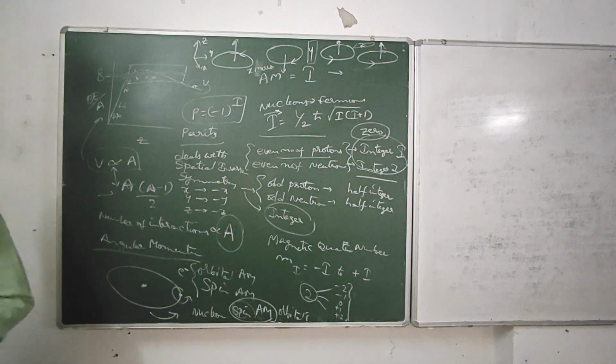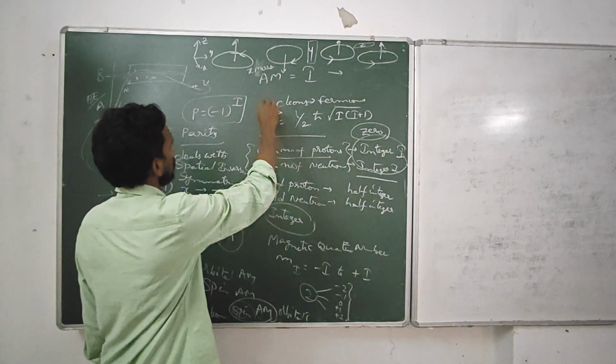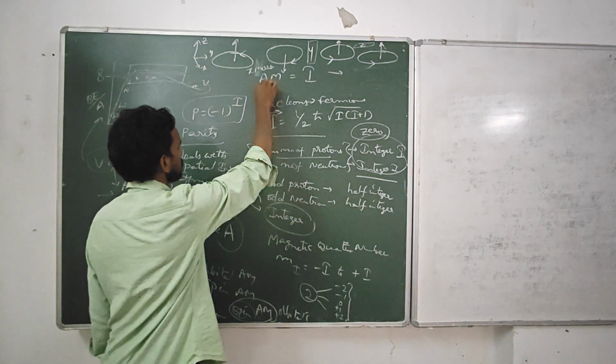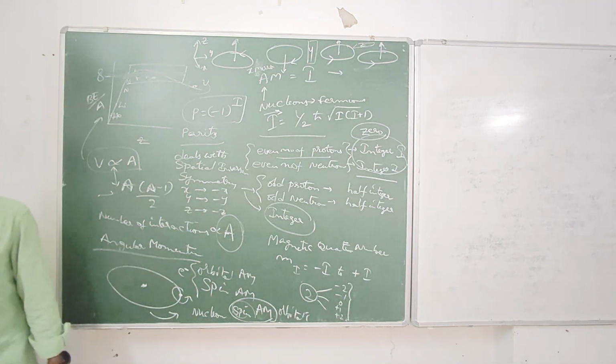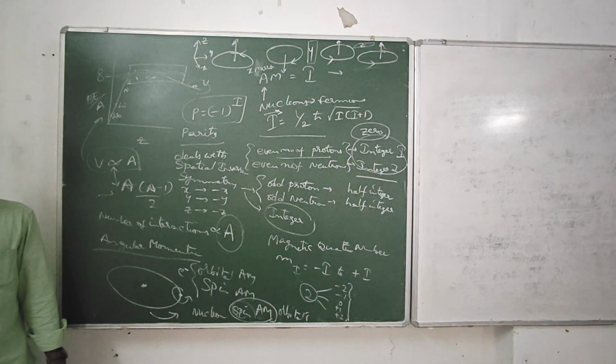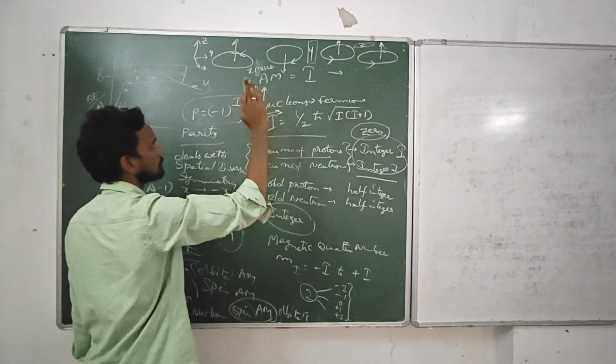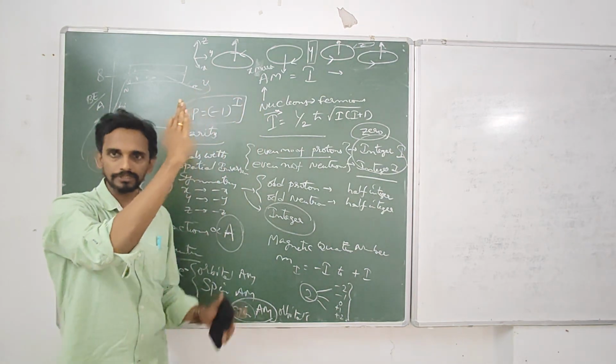So angular momentum does not change sign upon spatial inversion, whereas ordinary momentum or any vector, let's say displacement, velocity, acceleration, take any vector. Let's say the person is traveling along the z direction. Apply the X mirror, it will still be traveling upwards.